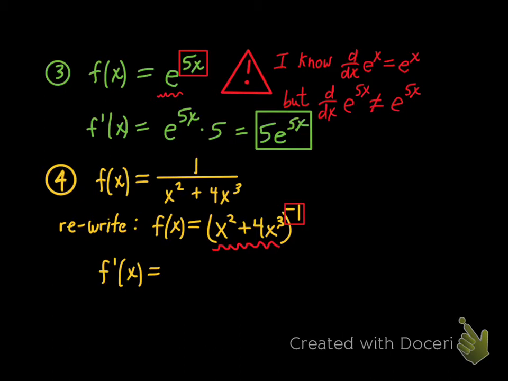I would keep the inside function unchanged and subtract 1 from the exponent. The inside function is unchanged in this portion of the chain rule.